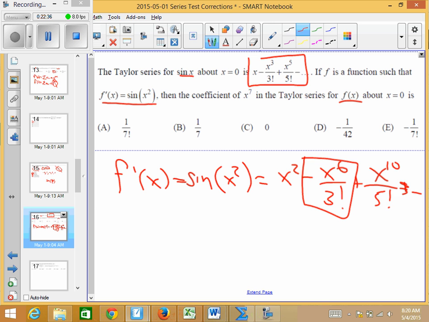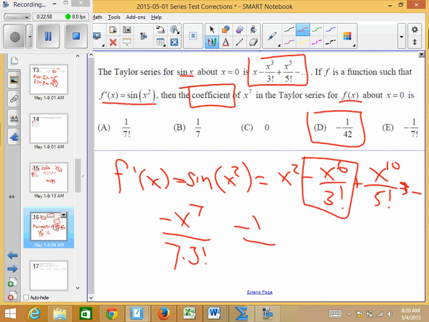So we integrate, and make it x to the 7 over 7 times 2x. My coefficient of that is negative 1 over 7 times factorial. That's just 7 times factorial.